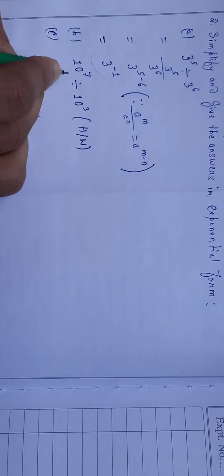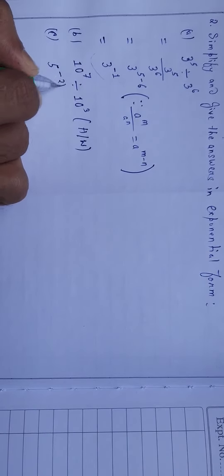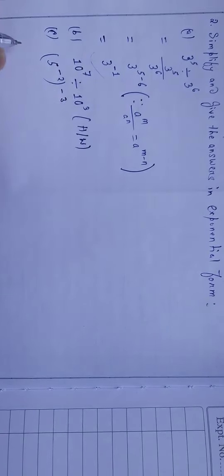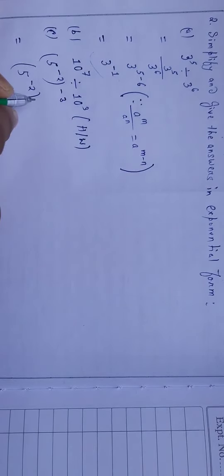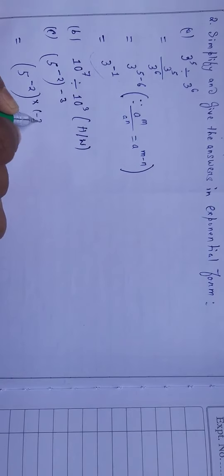Next we'll move to question number C. 5 to the power minus 2, whole thing to the power minus 3, equals 5 to the power minus 2 into minus 3.